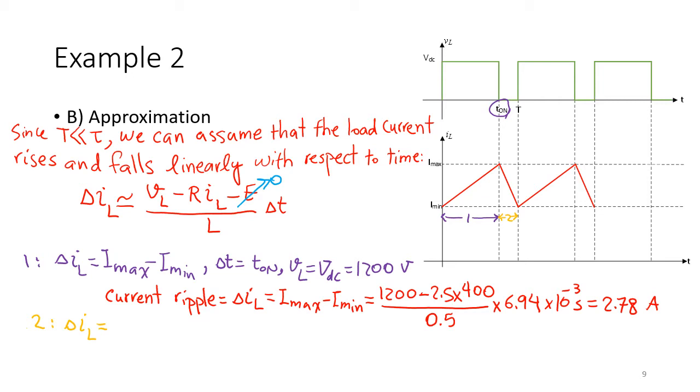What is the current ripple in this interval? Can you see the IL curve there? Is it clear enough? So what is the final value of the IL there? Final value of IL in interval 2. Minus, what is the initial value? Imax.